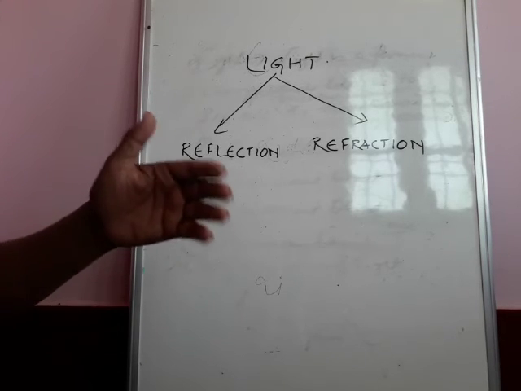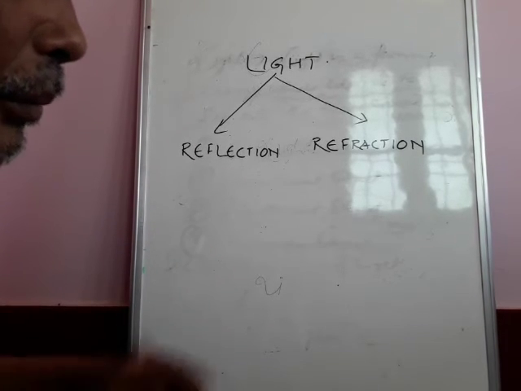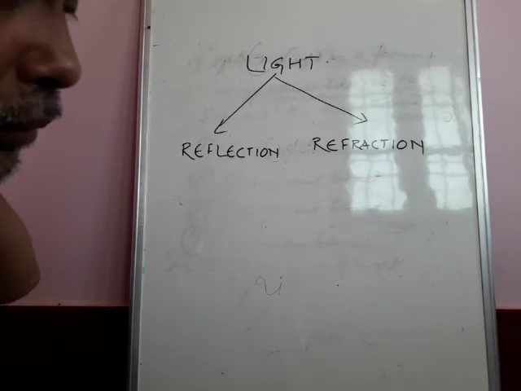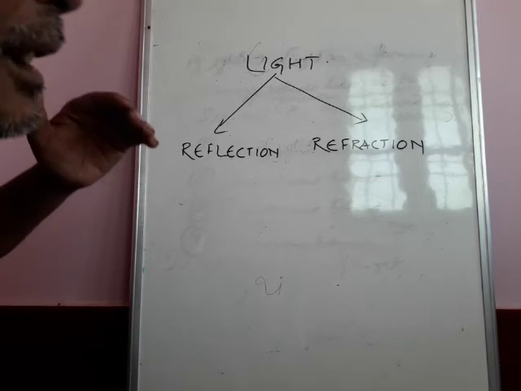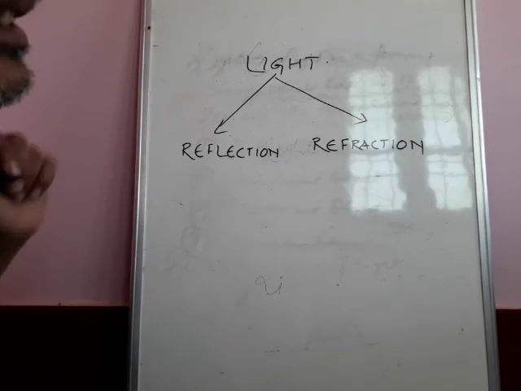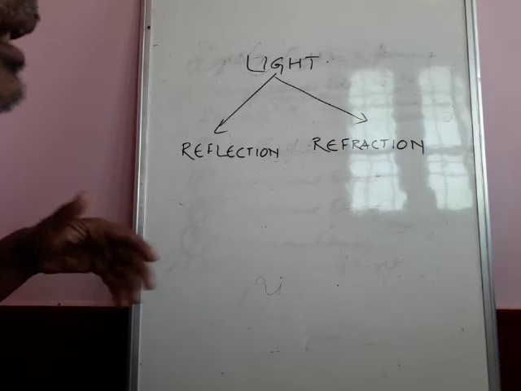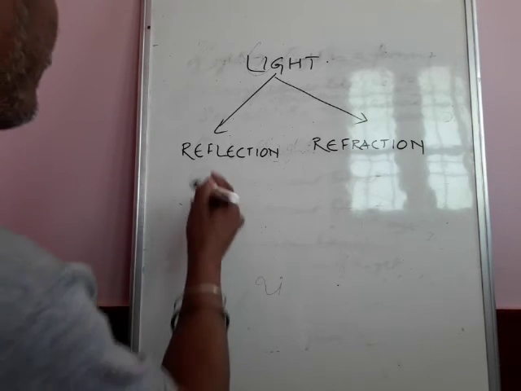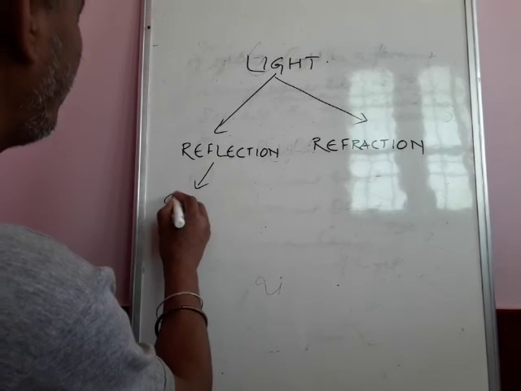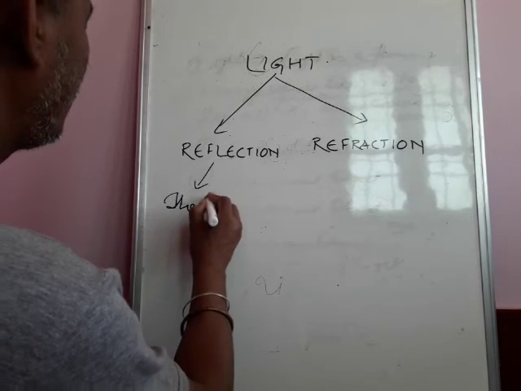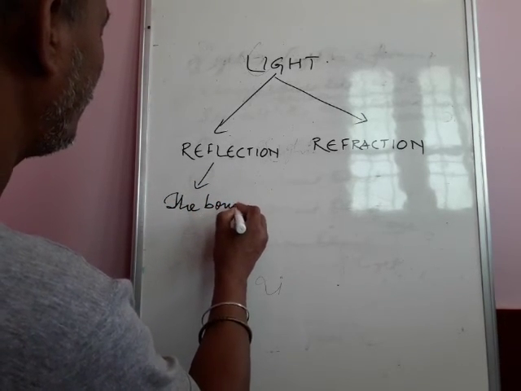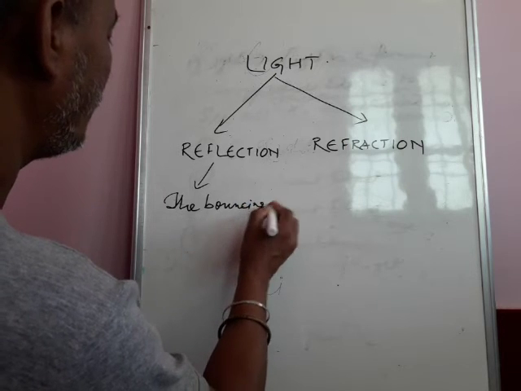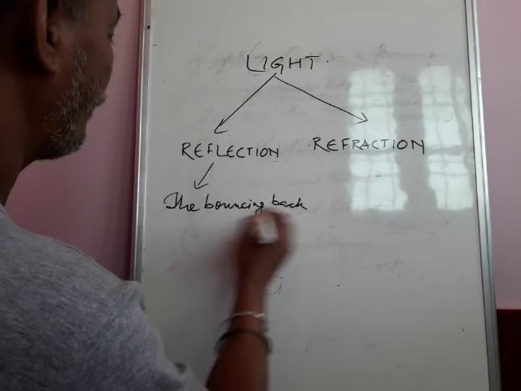When light passes from one medium to another, it often happens that it does not follow the same direction and there is a bend. That phenomenon is known as refraction. Here I can say reflection is the bouncing back of light, B-O-U-N-C-I-N-G.